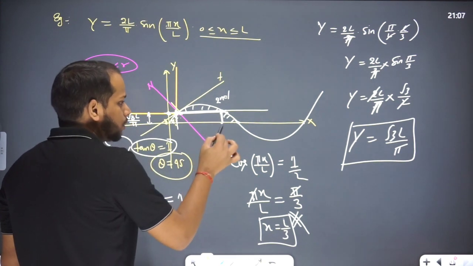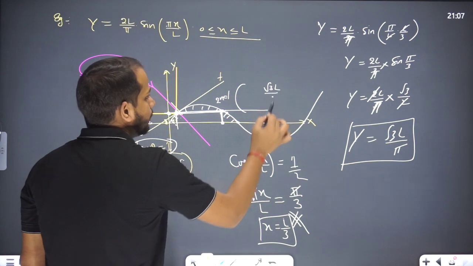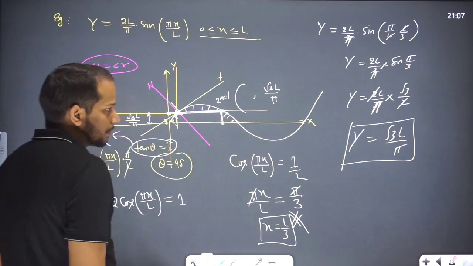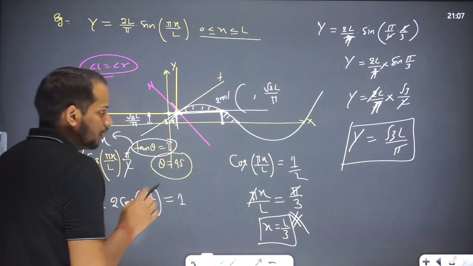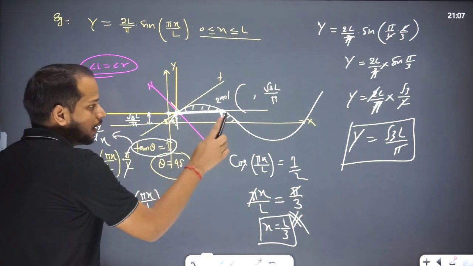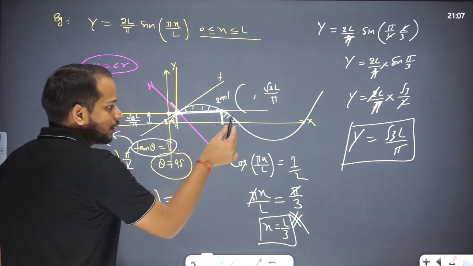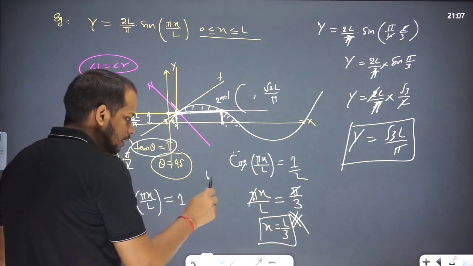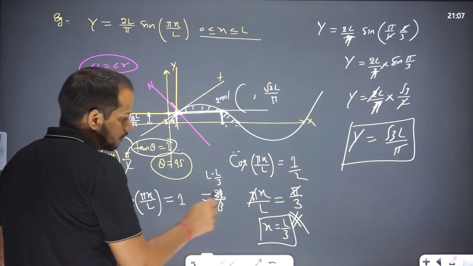So what is the coordinate of this one? The y coordinate is fixed, that is root 3L by pi. But what is the x coordinate here? What is the total length? The total length is L. So just subtract this one, because it will be the same length from here. So L minus L by 3 is 2L by 3.